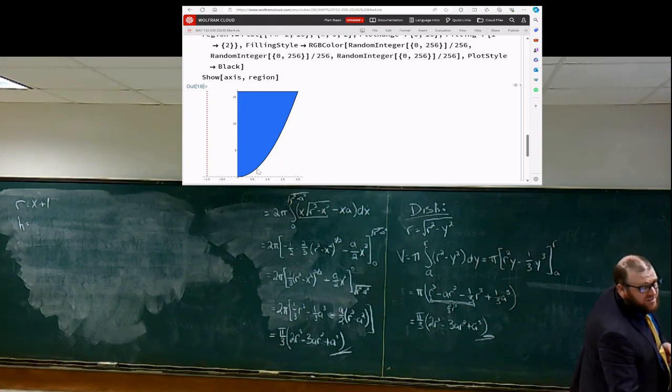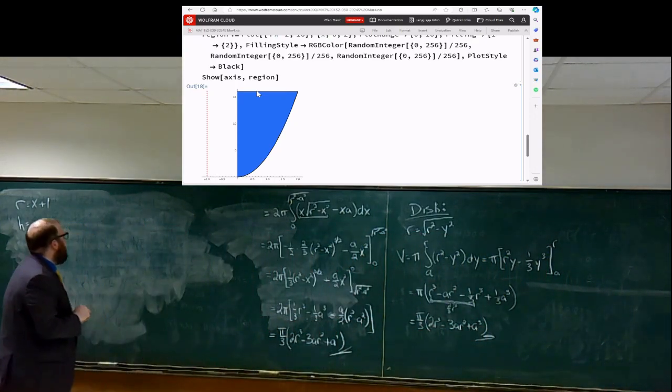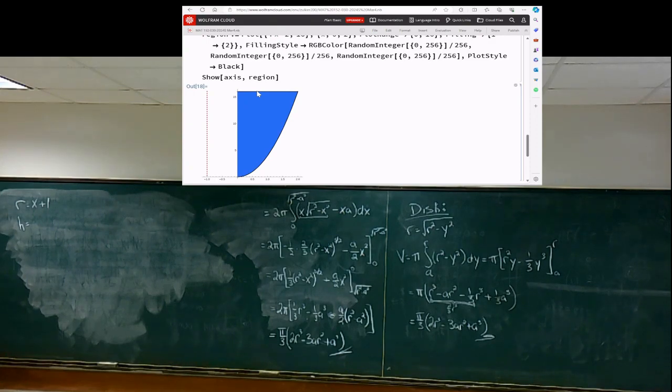Here. And it goes up to what? There. So what's that height? Upper function minus lower function, yeah. Which is what? It's not y. 16 minus 4x squared.